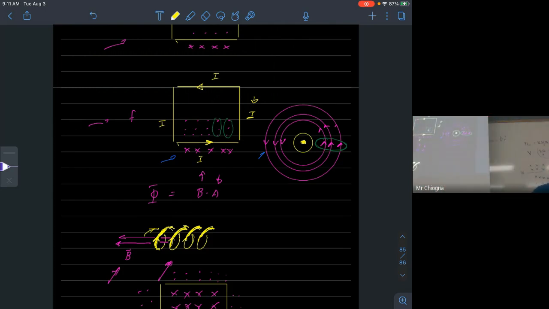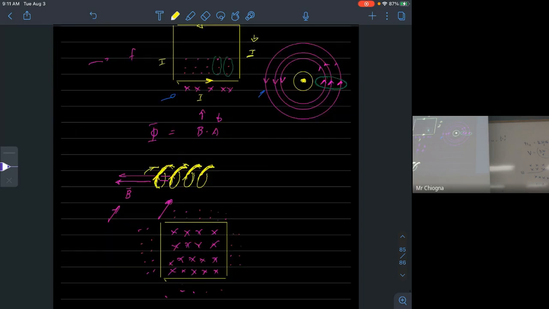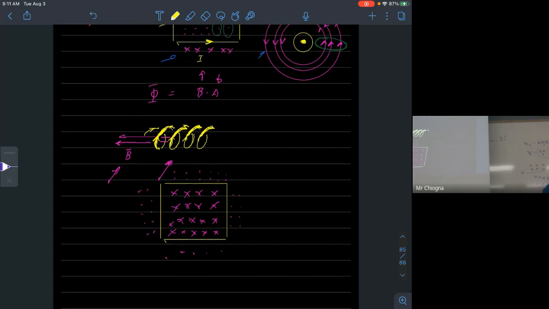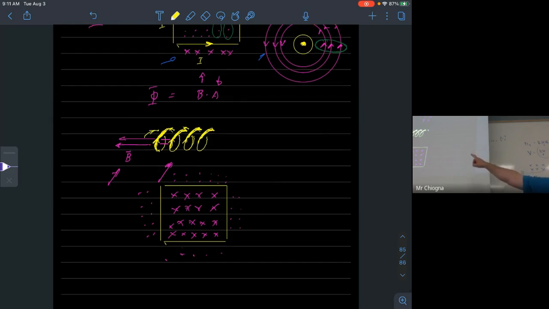So when the wire is introduced to the magnetic field, does it have to be charged beforehand? No. There has to be some change in flux in order for a current to be induced.